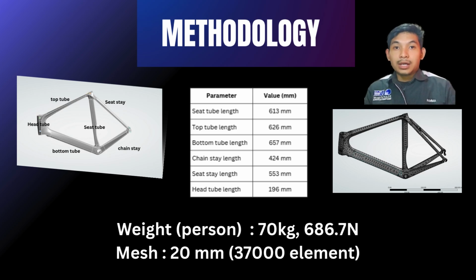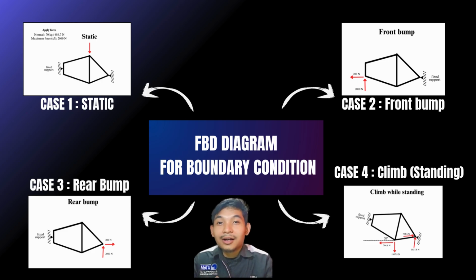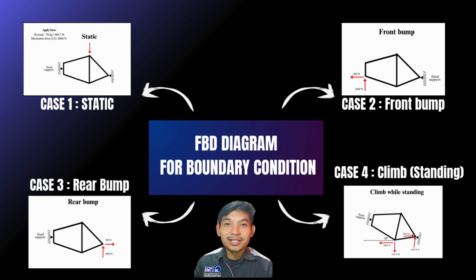We assume a rider weight of 70 kg, which is equivalent to 689.7 Newton under seat. Alright, for this study, we tested the frame under 4 loading scenarios, each designed to represent real life riding conditions.